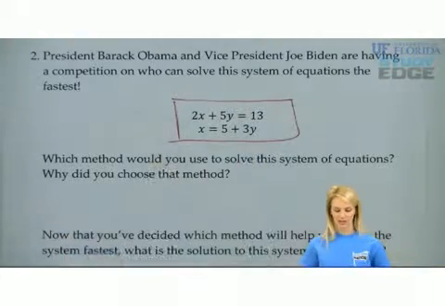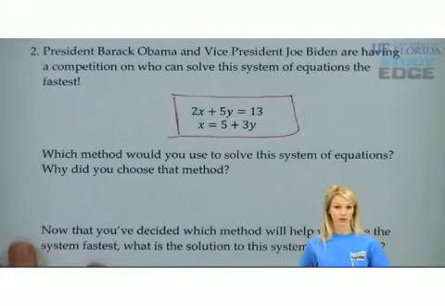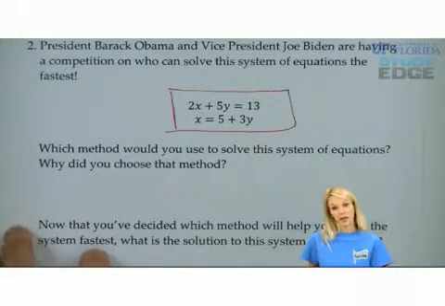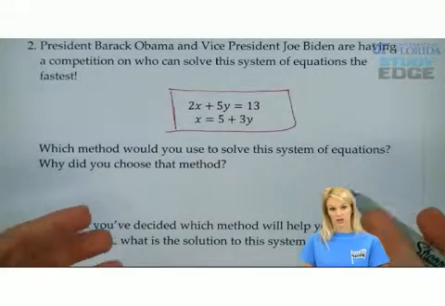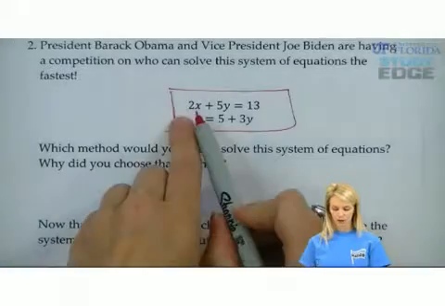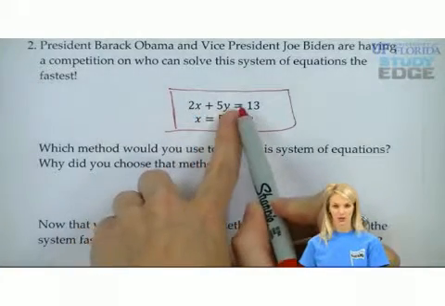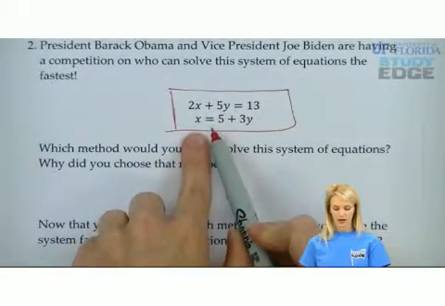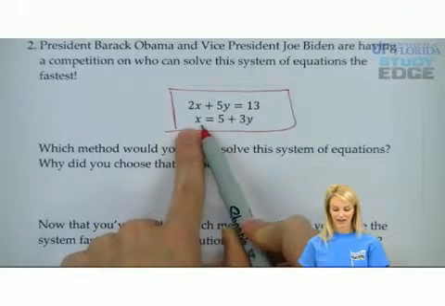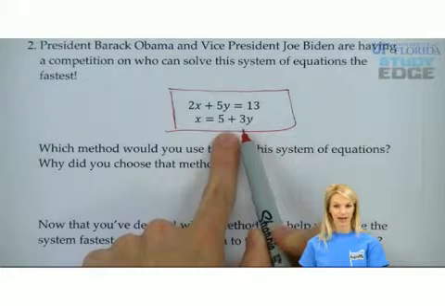Looking at these two, which method would we use to solve this problem? Remember, you could use any method you want, but given the way that an equation is set up, one might be easier than the other. What jumps out at me? In my first equation, I have x and y both on the left side of the equal sign. In my second equation, I'm given what x is equal to. I know that x is the equivalent of 5 plus 3y.